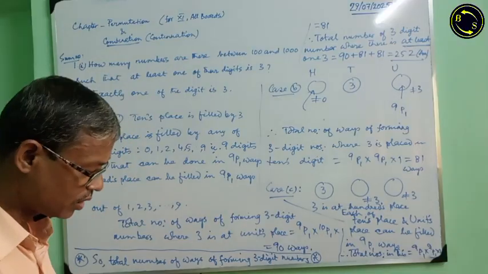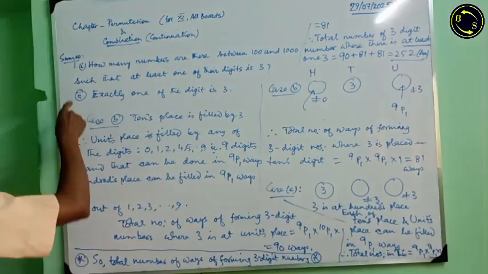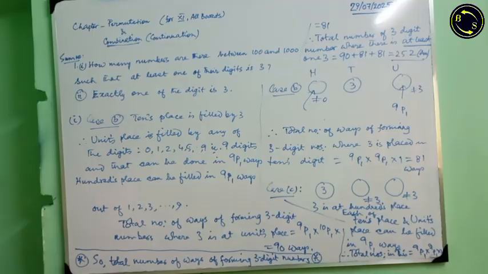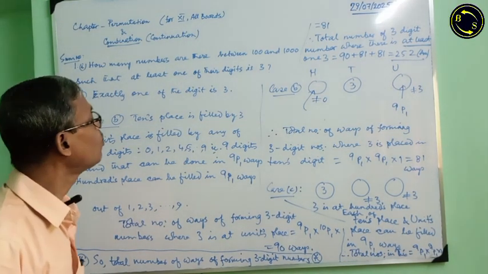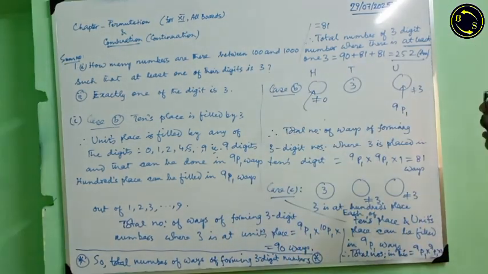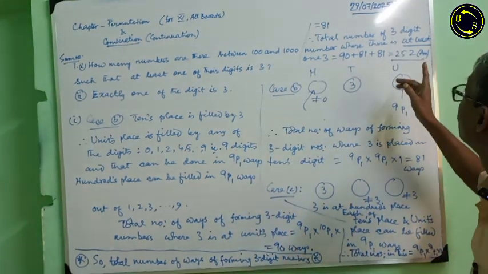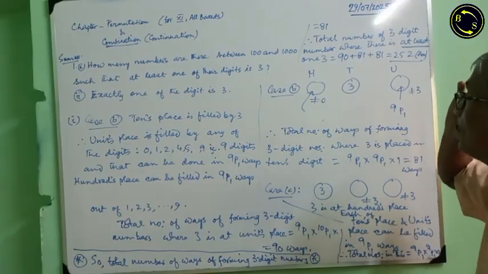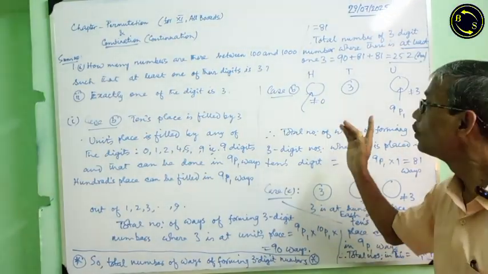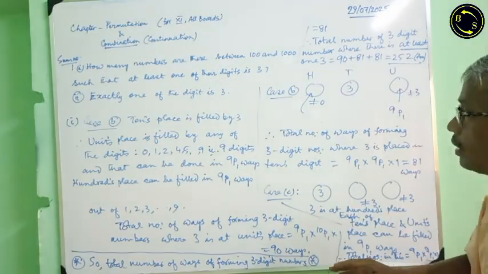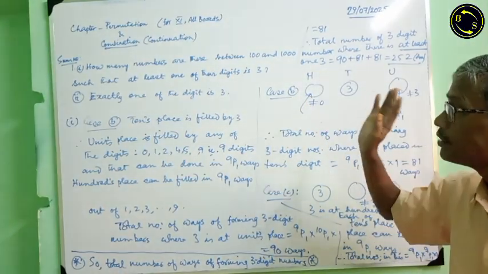This is the answer of part 1. How many numbers are there between 100 and 1000 such that at least one of their digits is 3? Here 3 may be used one time or two times or three times. Therefore, the first part is solved.